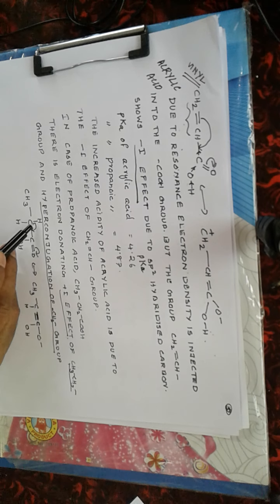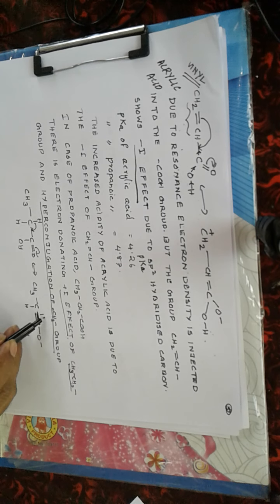But again, propanoic acid is having a higher pK value or lower acid strength mainly due to 2 reasons: the plus effect of the ethyl group and hyperconjugation of the CH2 group. The CH2 group here, the CH bond will be shifting like this and the CO bond will be shifting like this, so that we have hyperconjugation canonical structures like this.